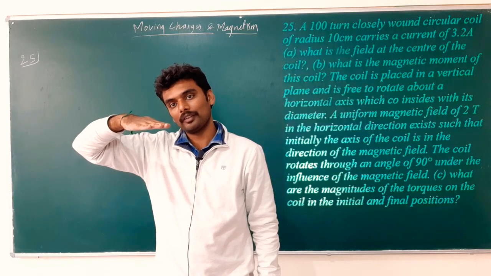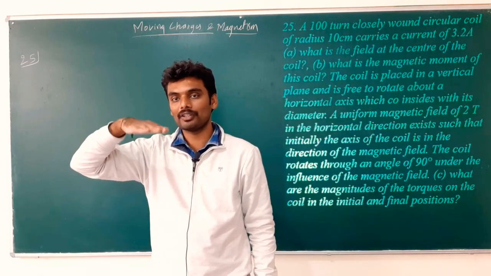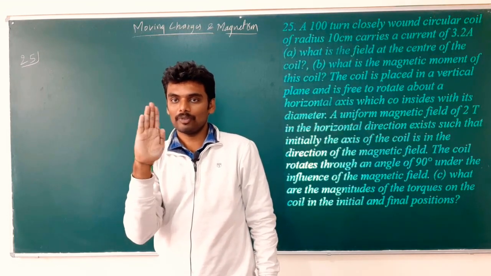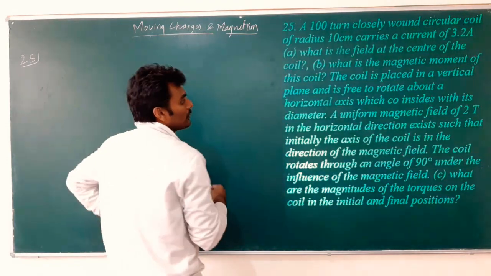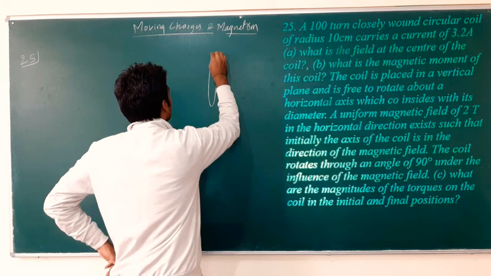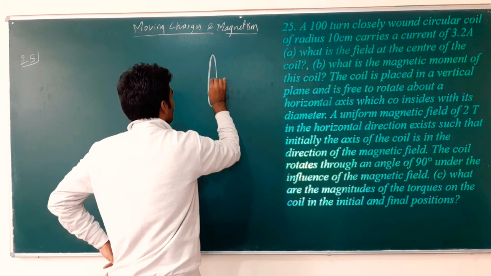It cannot be like this. This is the horizontal plane, right? The plane of the coil kept in a horizontal plane is like this, but now it is vertical and it can be in any orientation but vertical. So say this is the vertical plane in which the coil is kept. Okay, center.